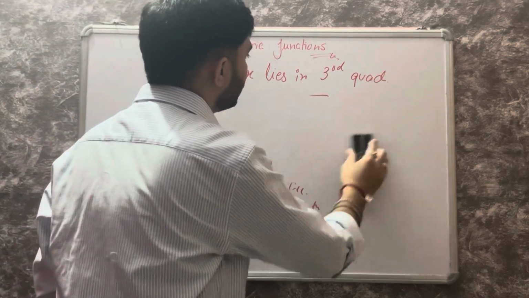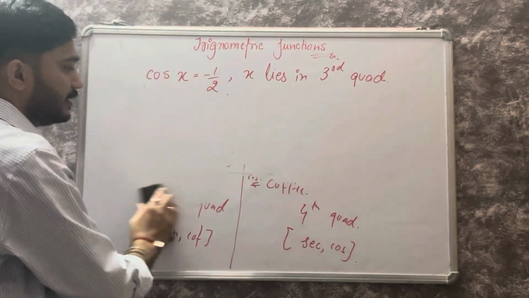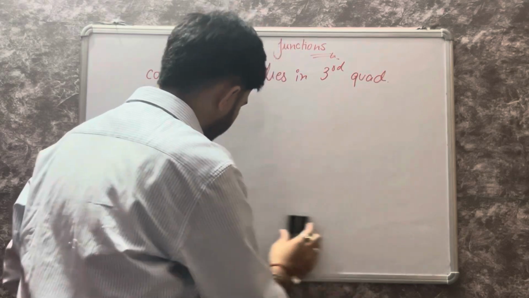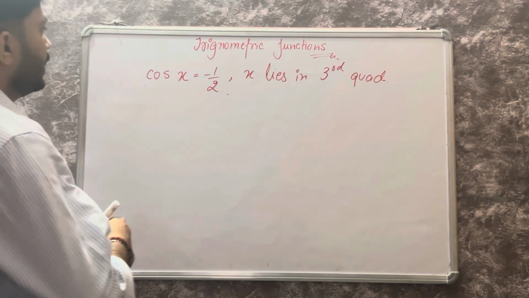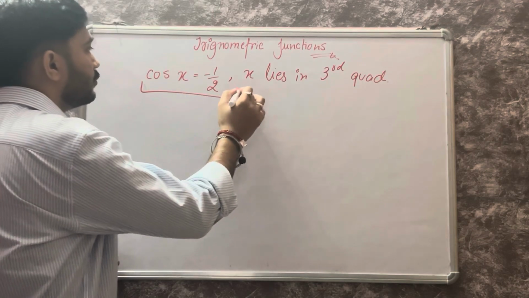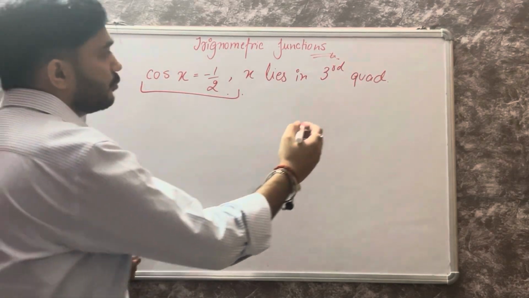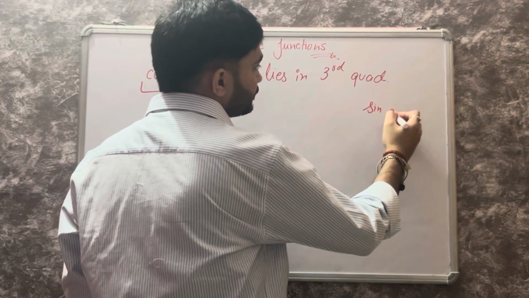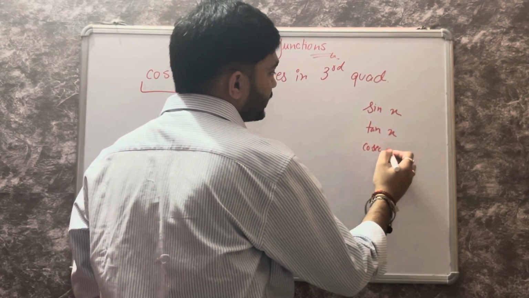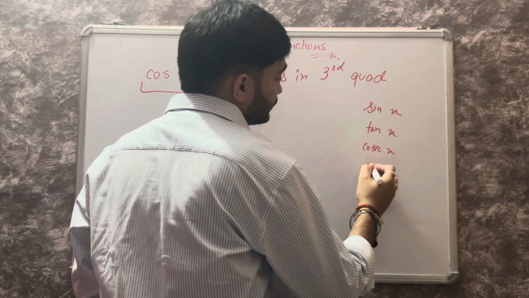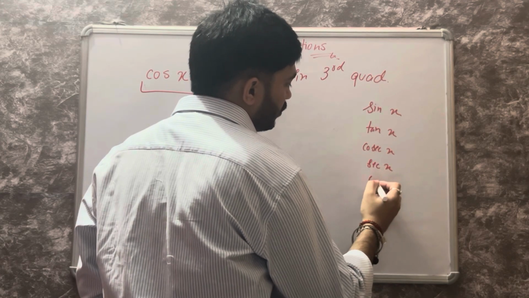So, how are we going to solve this question and find the rest of the values in trigonometric functions? Firstly, here we see that the value of cos is given to us. We have to find sin x, tan x, cosec x, sec x, and cot x.